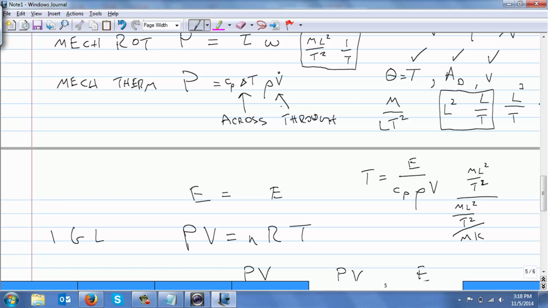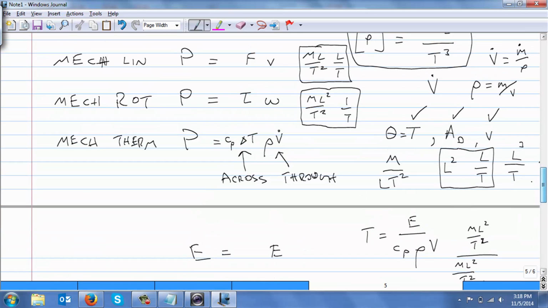I think you can agree that the mechanical thermal equation is not as pretty as the electrical or the mechanical linear, the mechanical rotational, because the through variable is this little chunk right here, and the across variable is this guy.